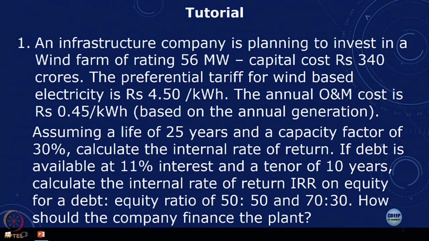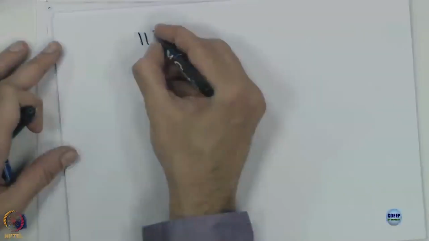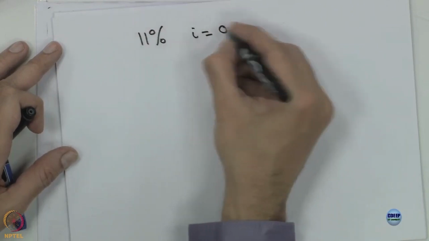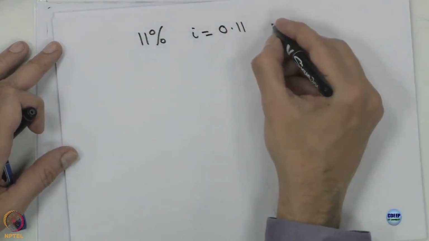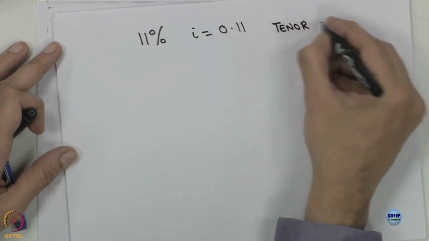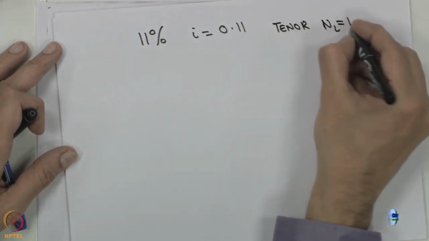So now we have a debt which is available to us at 11%. So I is 11%, that means I is 0.11. The tenure is 10 years, that means NL is 10.